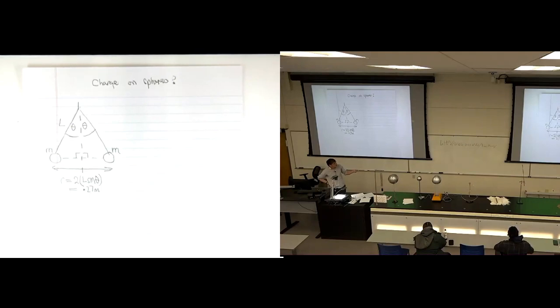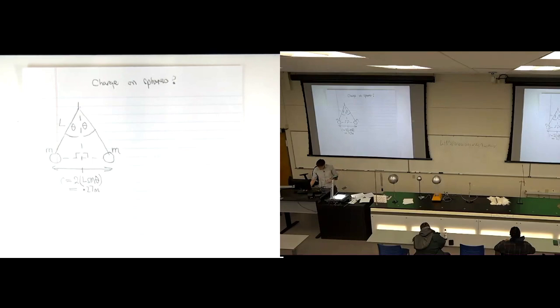The side opposite the angle is L sine theta, since the length of the string is the hypotenuse, and so 2L sine theta is the distance between the charges. So I did 2 times L, 40 centimeters, times sine of 20 degrees. That gives me the separation between the charges, about 27 centimeters or 0.27 meters. I did that ahead of time because it's not really the physics bit, it's the geometry bit.